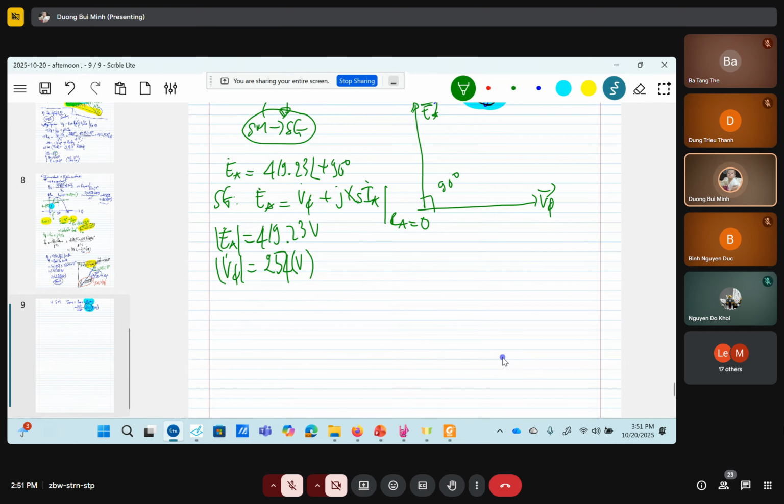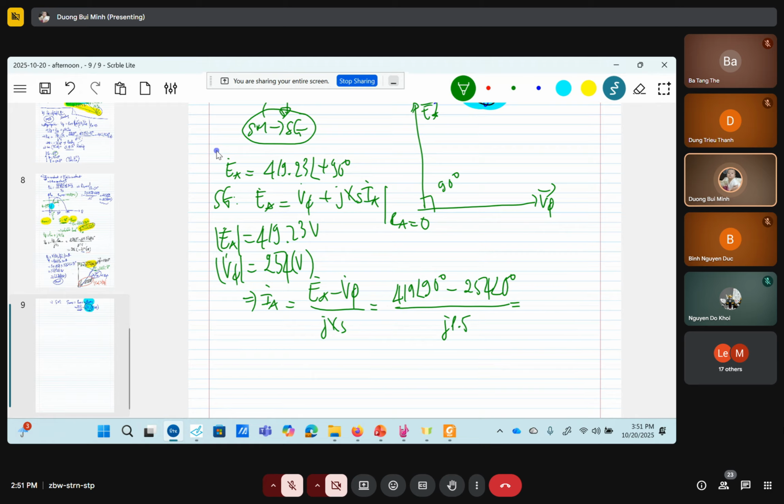So now we can calculate IA. IA now becomes EA minus V phase divided by jXs. EA is 419 with 90 degrees minus V phase, which is 254 with 0 degrees, then over jXs. jXs means 1.5 j.